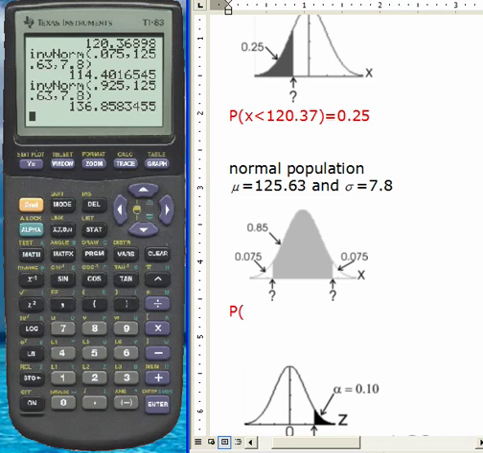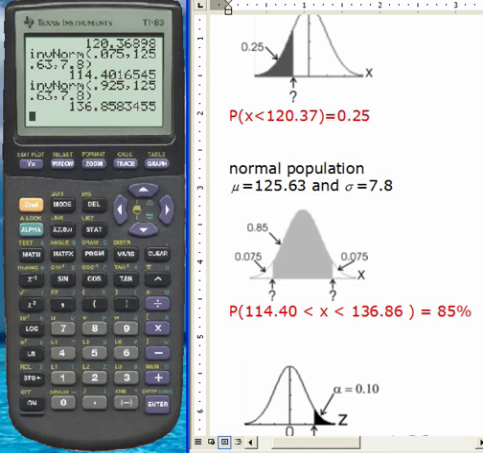So the probability that our random variable is between this lower bound of 114.40 and this upper bound of 136.86 is equal to this 85%. So I can write it as 85% or as 0.85. Either is fine.